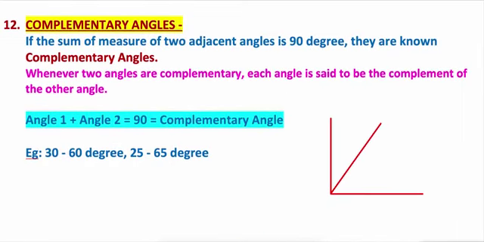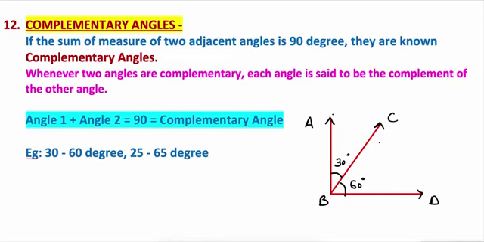If the sum of the measures of two adjacent angles is 90 degrees. Suppose this is angle ABC and this is 30 degrees, and angle CBD is 60 degrees.